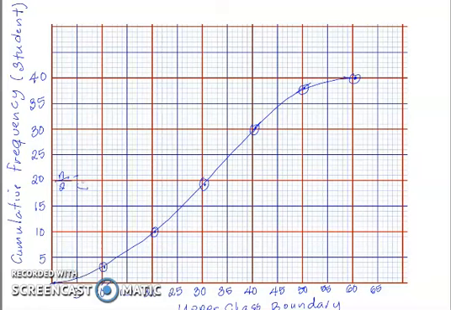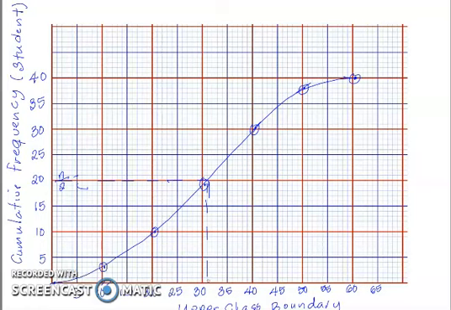So at 20, I'm going to draw a horizontal line. And anywhere it hits the curve, I'm going to draw a vertical line down. So that's my vertical line down.